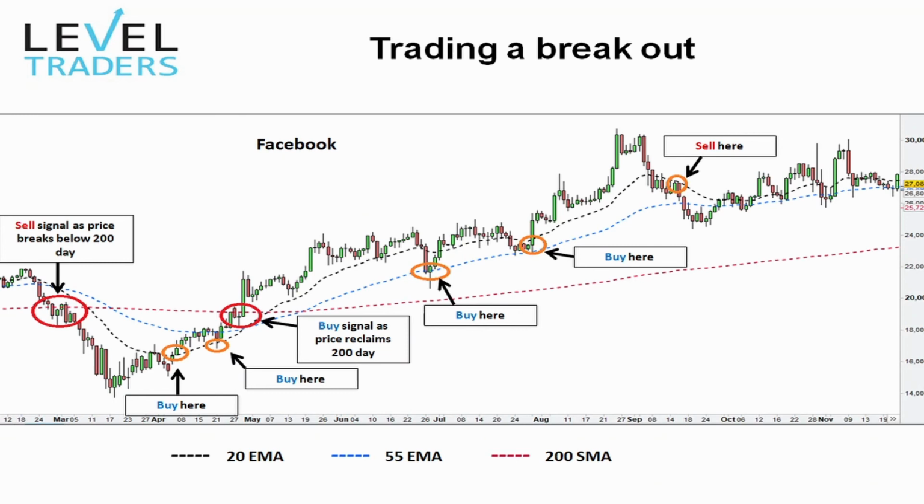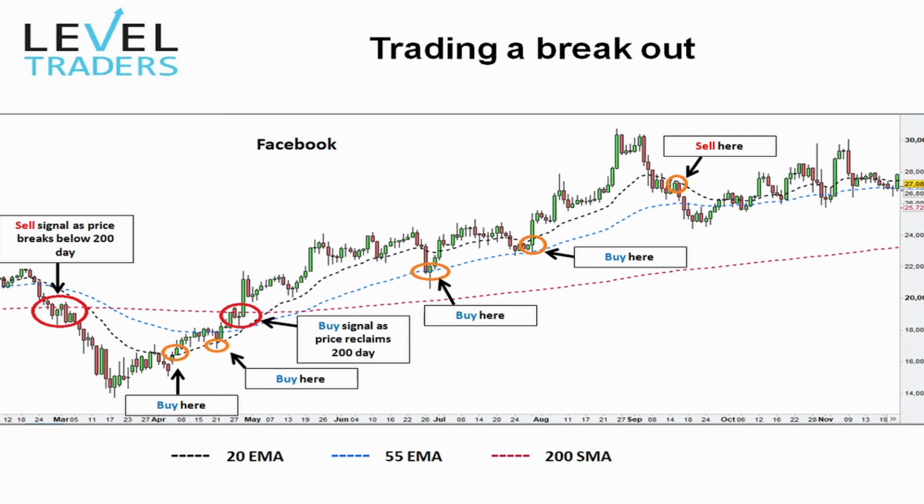Traders that are looking to scalp or day trade, that's where I've highlighted the orange circles. So that's using more of a shorter term moving average. So we're focusing now on the 20 and the 55 EMAs. And again, very simple, you could have bought the stock every time it's tried to break the 20 day.